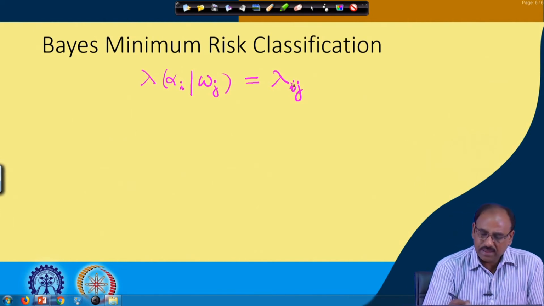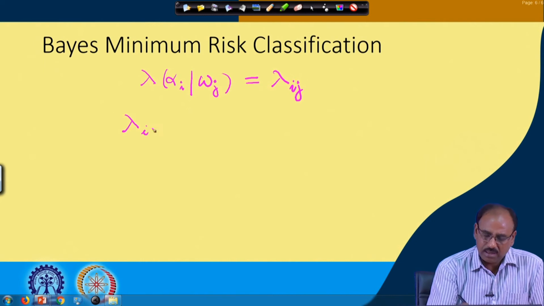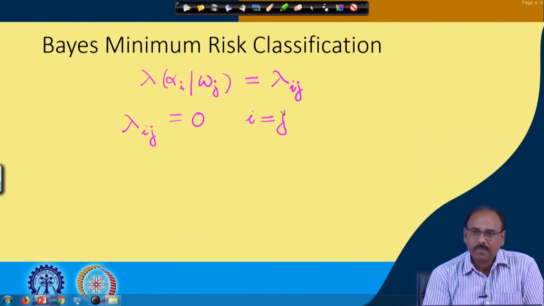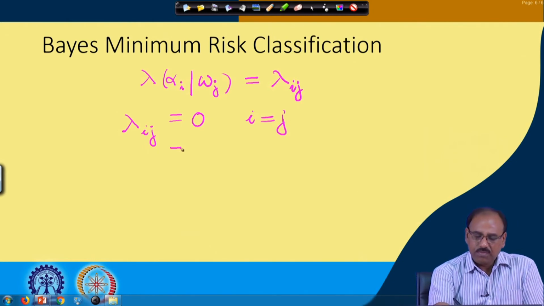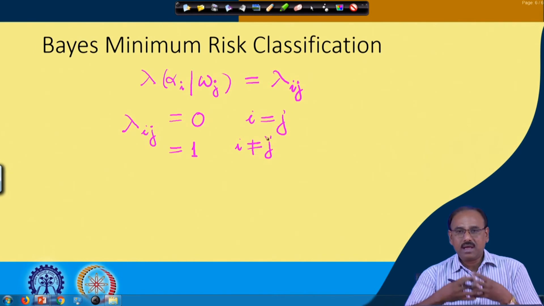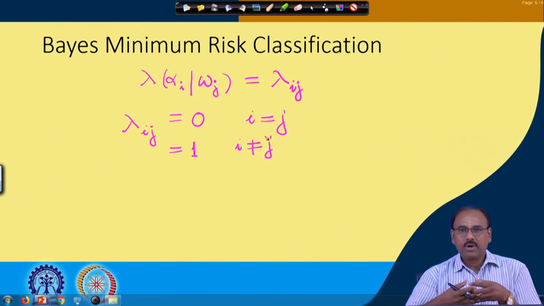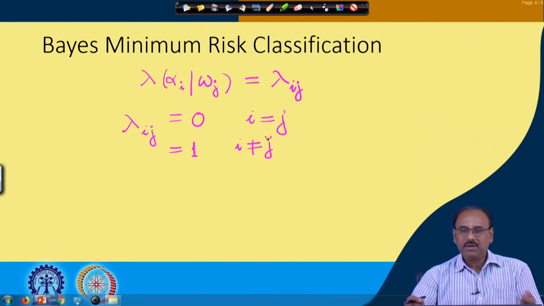So, I assume that this lambda, the loss function, is equal to 0 if i is equal to j, and I also assume that this is equal to 1 if i is not equal to j. So, that is, for every incorrect action you incur a unity loss, which is the same for all incorrect decisions. But if your decision is correct, obviously you are not incurring any loss.